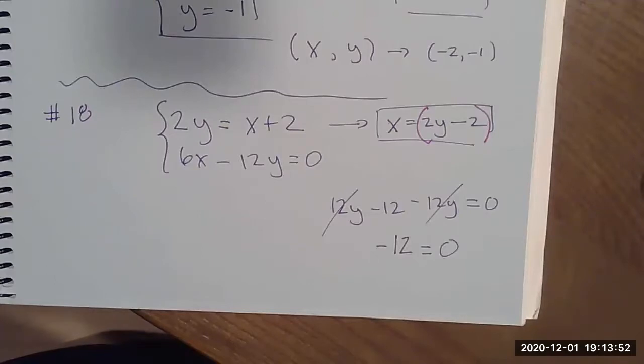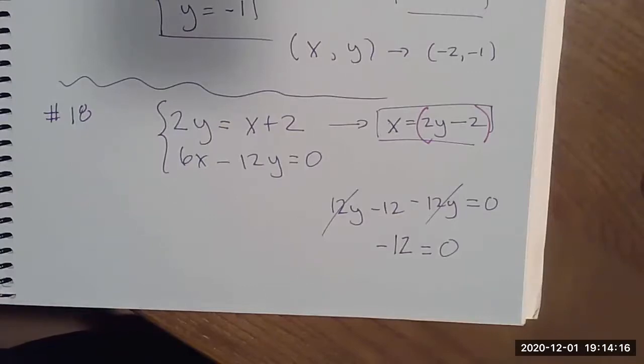But that means they're parallel lines. If you graphed them, they would be parallel lines. They don't touch. And how do you know that? Well, you have the 12, whether it's positive or negative, it's saying that one of these lines is at 0, the other one's at 12.